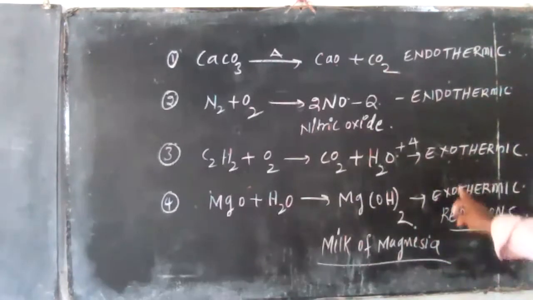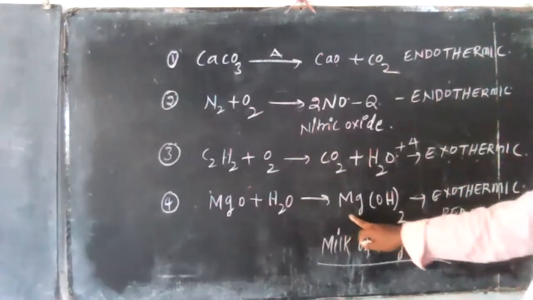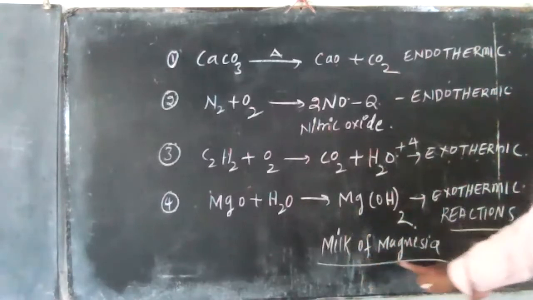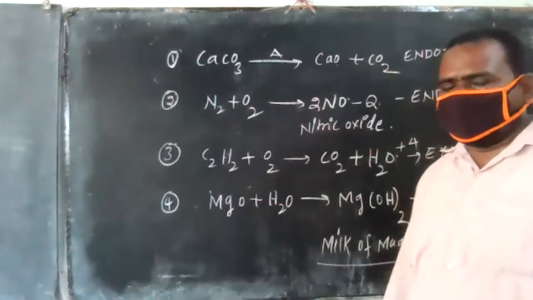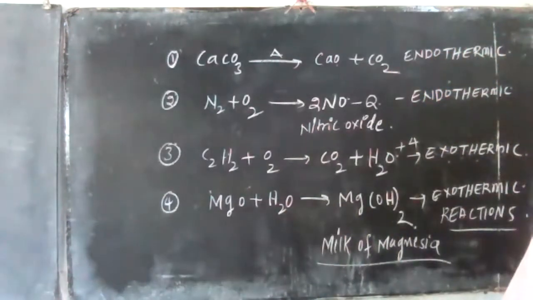So this is called an exothermic reaction. Magnesium hydroxide's common name is milk of magnesia.